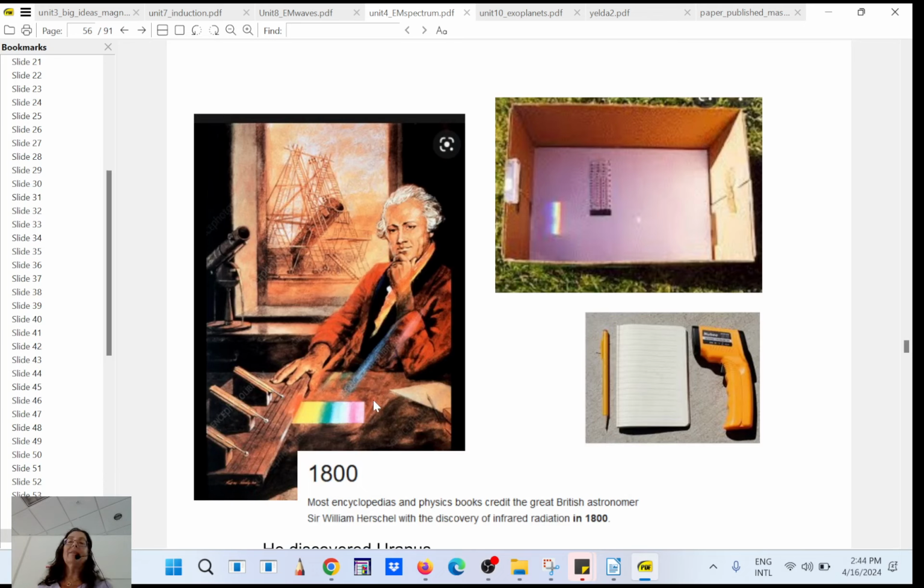Okay, so the one who discovered infrared, his name was William Herschel. And he had, I guess, a very curious mind. So what he did, he took a prism. That experiment was already done by Newton before. And you have the rainbow here, you have all the colors. And he got the idea to take a thermometer to see if there was a difference between, for example, yellow, blue, or red.